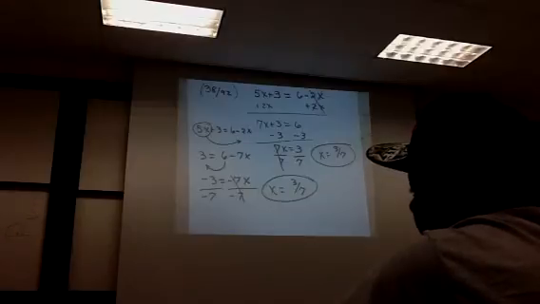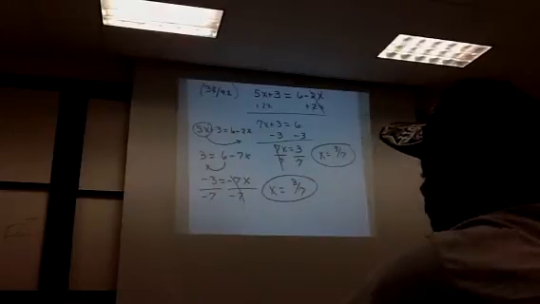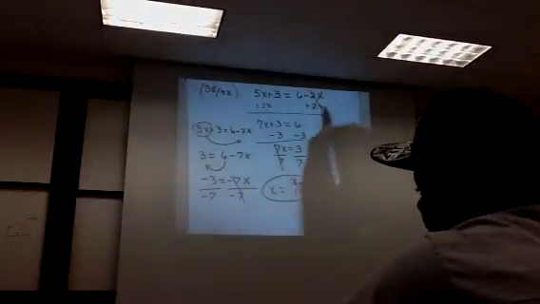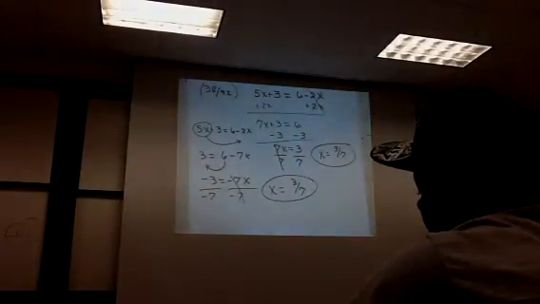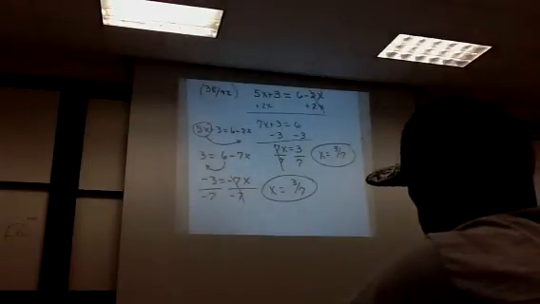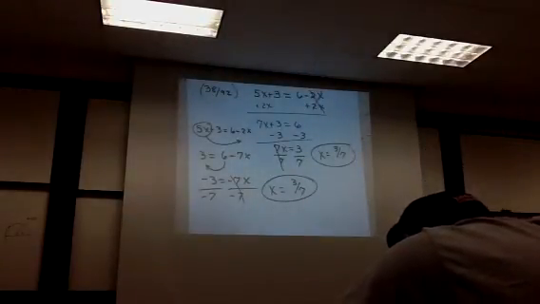So if you put the x's on the right and the numbers on the left, you're going to get the same thing. But that's the shortcut. If you move a term to the other side, you change its sign. That's what most of you do anyway, instead of saying plus 2x to both sides, and a lot of you do it mentally.